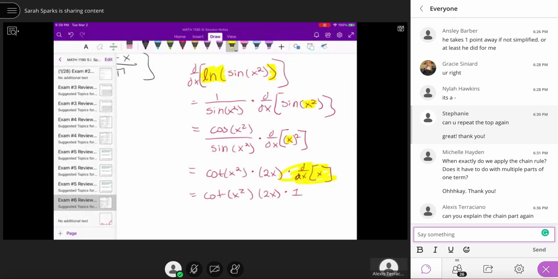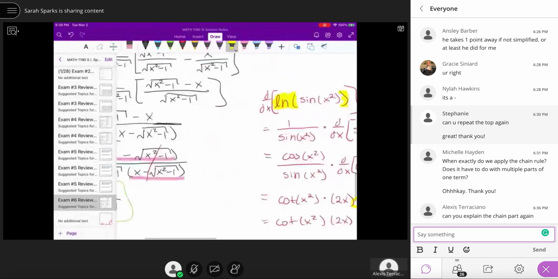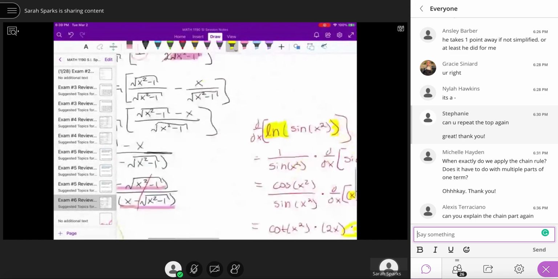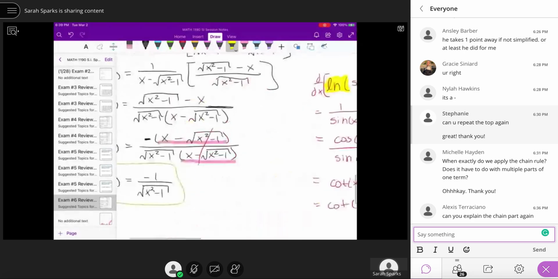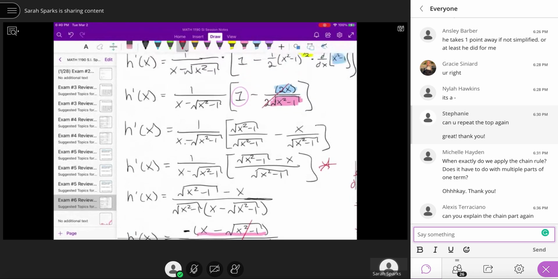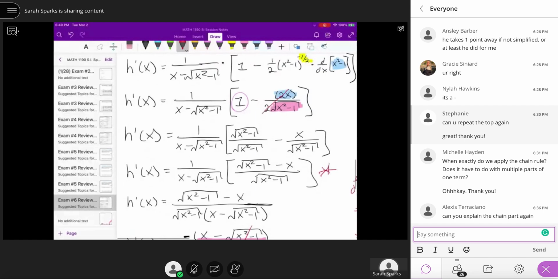So I get that part, but I was wondering, when you had the 1 over x minus square root of x squared minus 1, and you multiplied it by what you were subtracting, where did you get that from, in the brackets? So, open up the step before it. Which part specifically are you asking about?